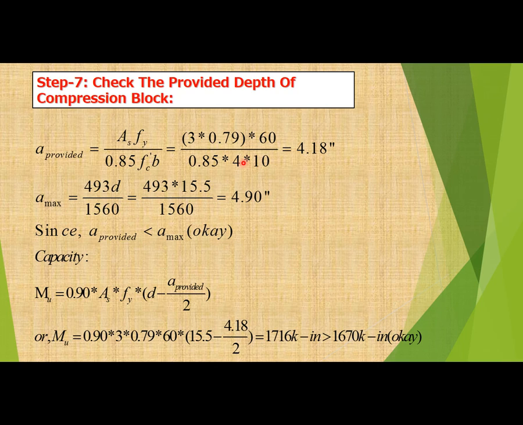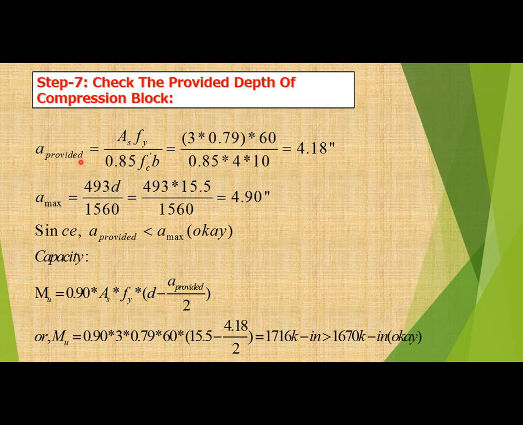By putting all these values, we get provided depth of compression block equal to 4.18 inch, and the maximum possible depth of compression block we have calculated before, that is 493 d divided by 1560. So putting the value of d, we have provided 15.5 inch of effective depth, so we get 4.90 inch. Okay, the maximum depth of compression block equal to 4.90 inch.